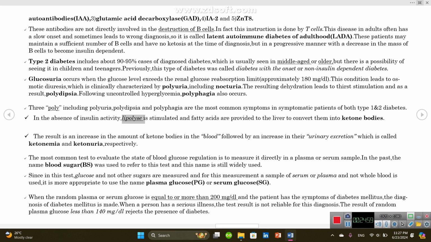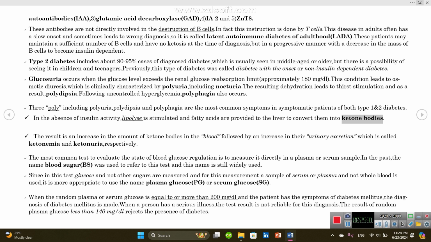In the absence of insulin activity, lipolysis is stimulated and fatty acids are provided to the liver to convert them into ketone bodies. So our answer is ketone bodies. If glucose is absent in the bloodstream, ketone bodies replace it and take its responsibility, meeting the needs of nerve endings and RBCs.